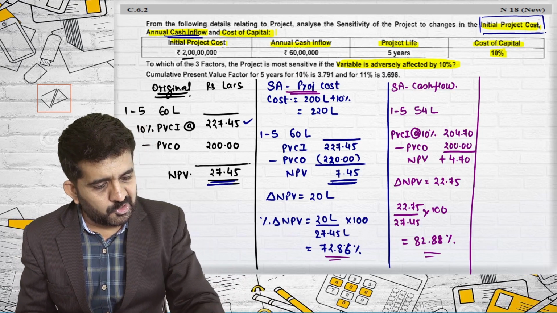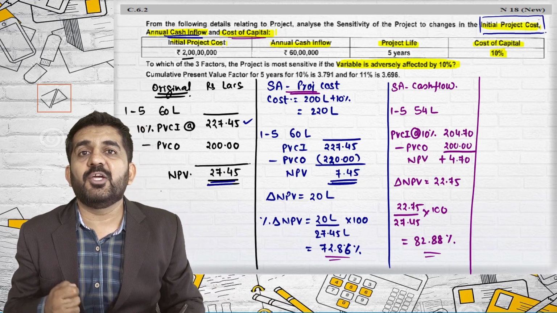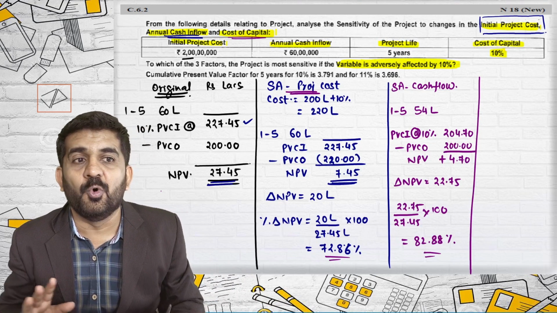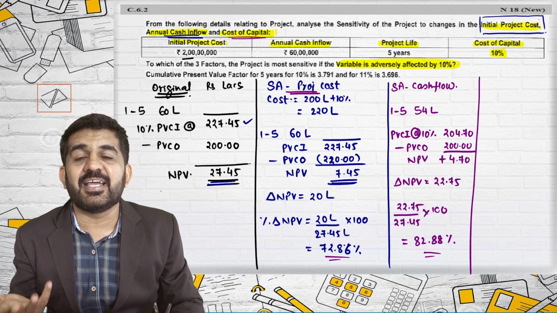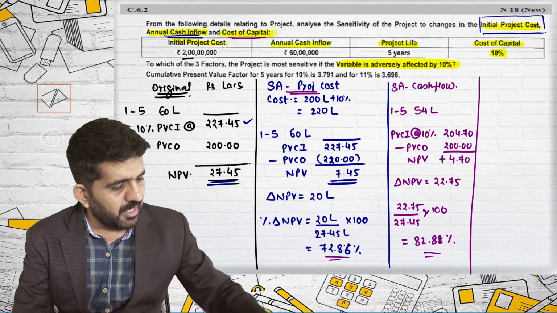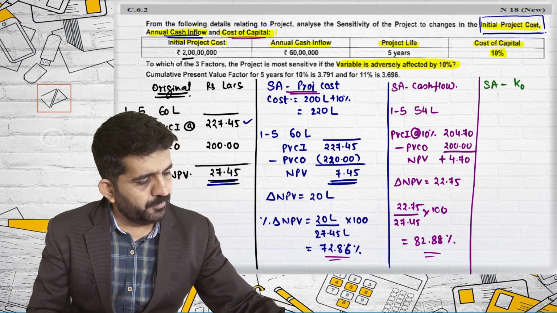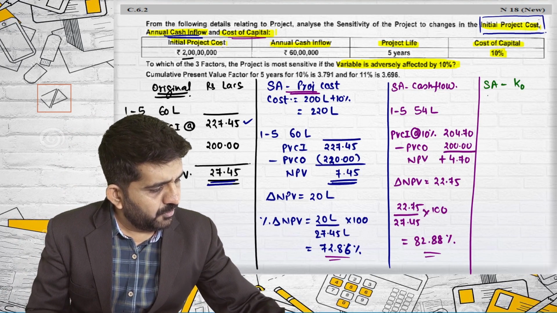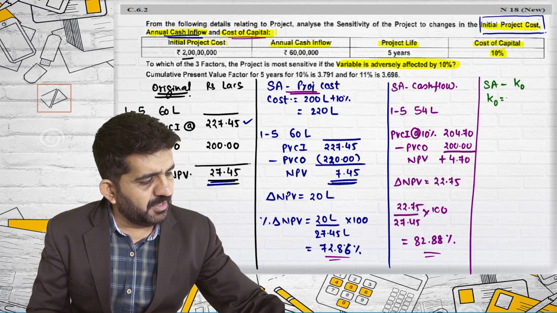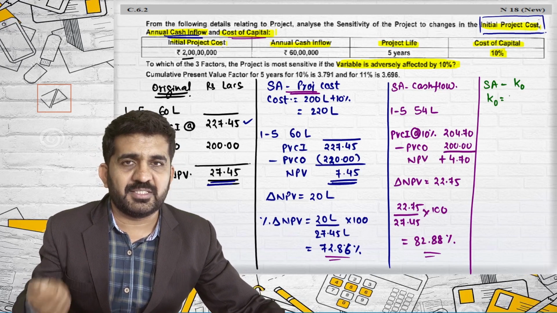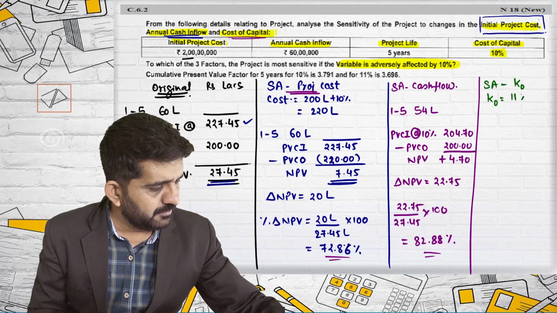Last is cost of capital. If my cost of capital decreases by 10%, no, if cost increases, then it is an adverse effect. So last, sensitivity analysis on Ko. If cost of capital increases by 10%, so 10 plus 10% is 11.